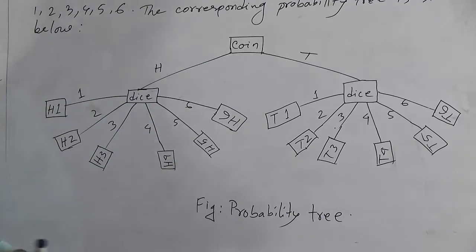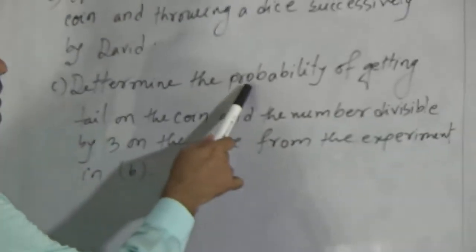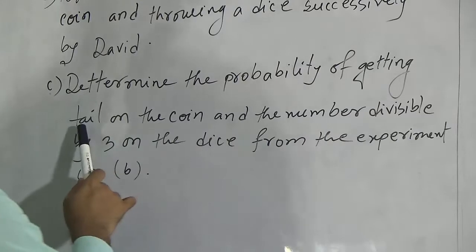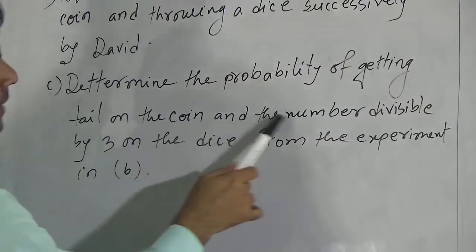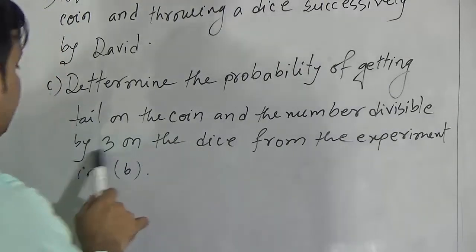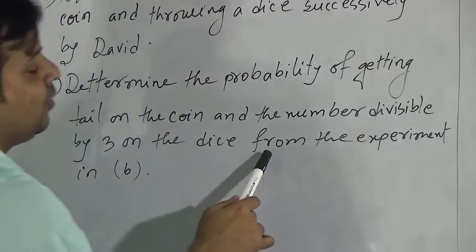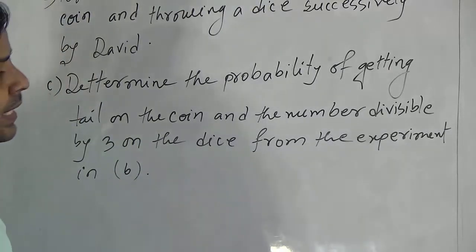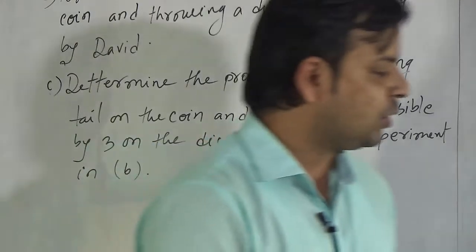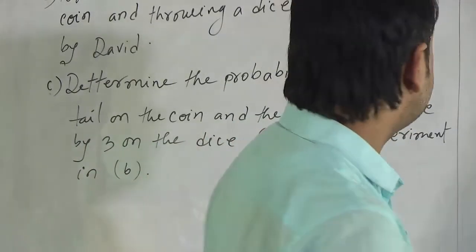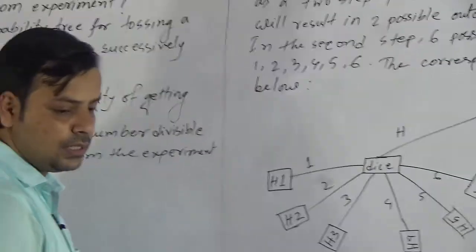For this we need to go to question C. What is question C? Determine the probability of getting tail on the coin and the number divisible by 3 on the dice from the experiment in B. From this experiment we have to determine the probability.